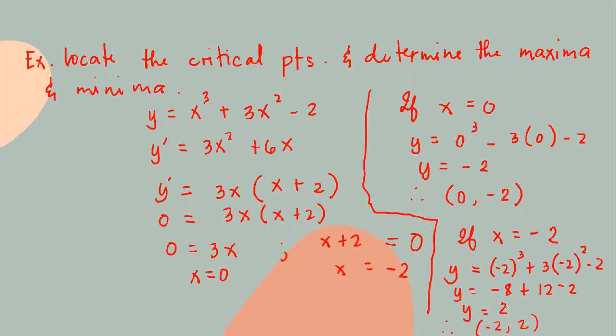Now, to determine the relative extreme of the curve, test one value to the left and one value to the right of the critical number using the neighboring points. For x is equal to negative 2, what are the neighborhood points? You have x equal to negative 3.